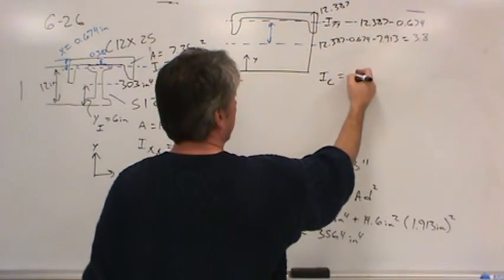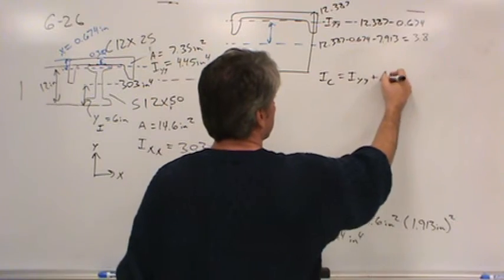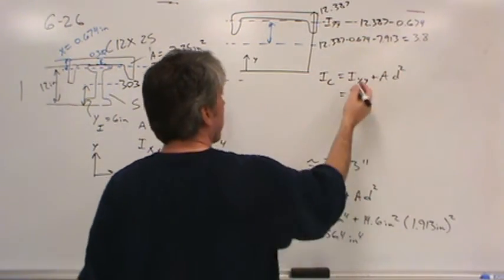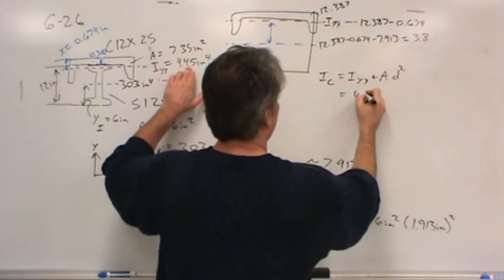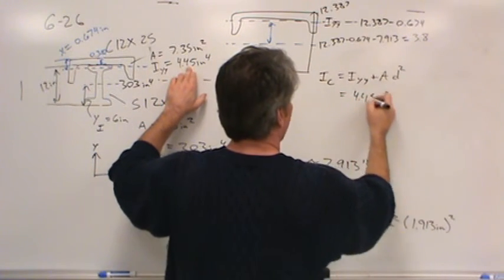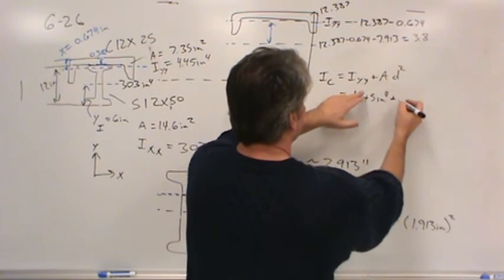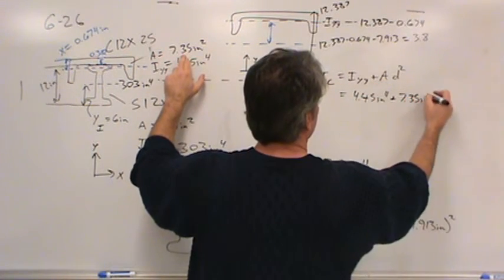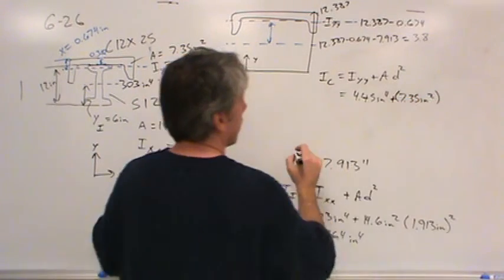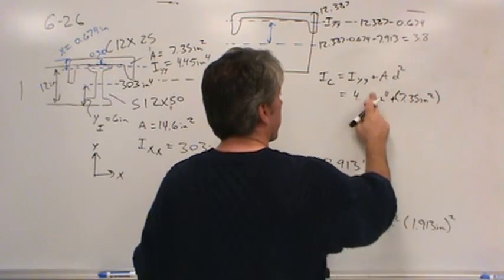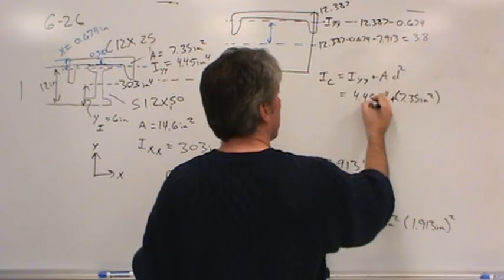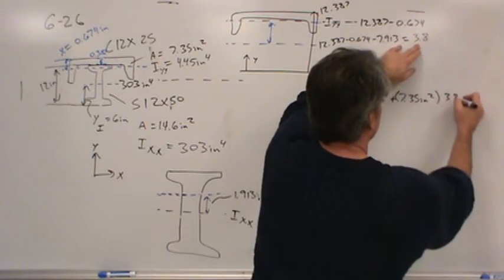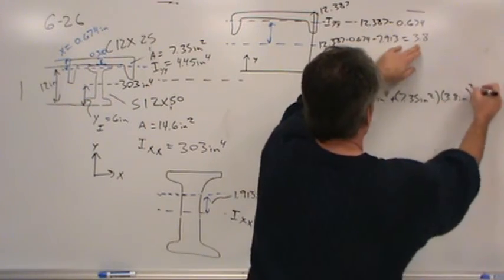So for the C channel, we'll have IYY plus the area multiplied by D squared. Now this D is going to be this one. IYY is 4.45 inches to the fourth, plus the area is 7.35 inches squared, and then the distance D is 3.8 inches quantity squared.